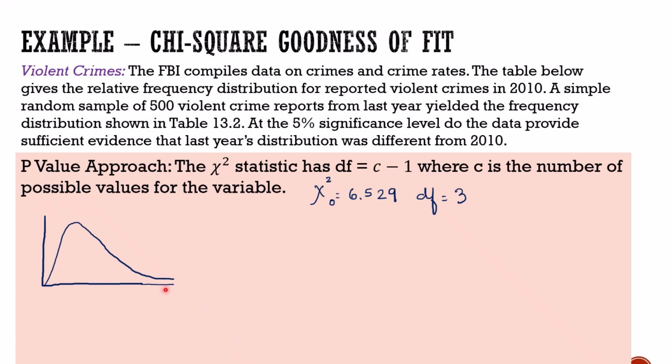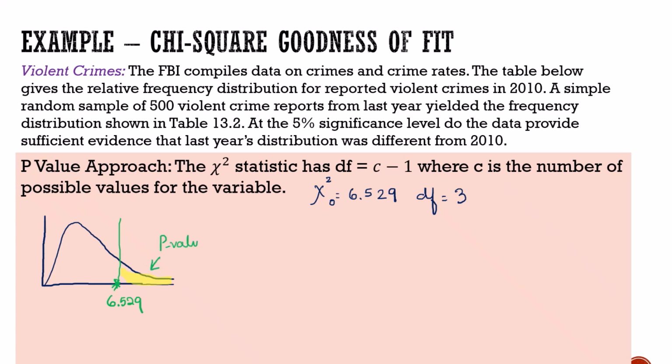So let me just mark that, 6.529, somewhere on the curve here. I'm going to extend the line up, and this area to the right of it is going to be our p-value.